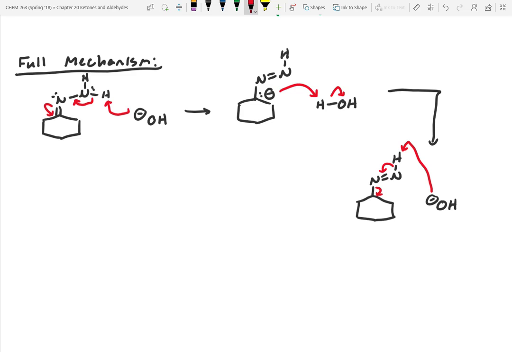However, now we're going to break a sigma bond. So when you do this, you end up with a negative charge on your carbon. You end up with a nitrogen-nitrogen triple bond, and you end up with water floating around.